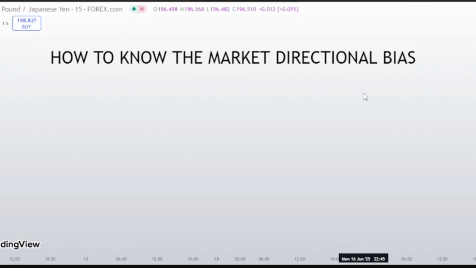So basically we have three different types of market directional bias. The first one, we have what we call uptrend, downtrend, and ranging markets.